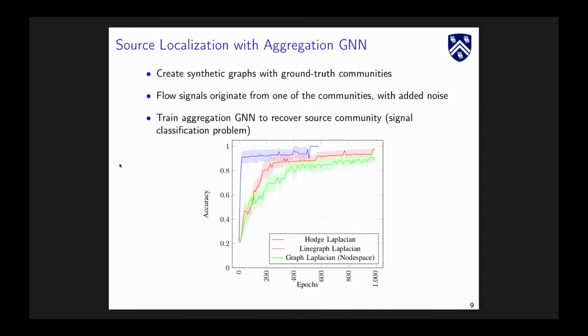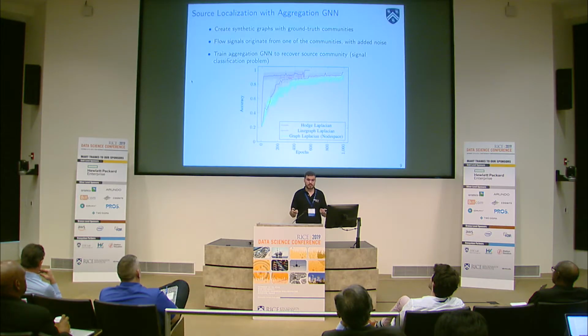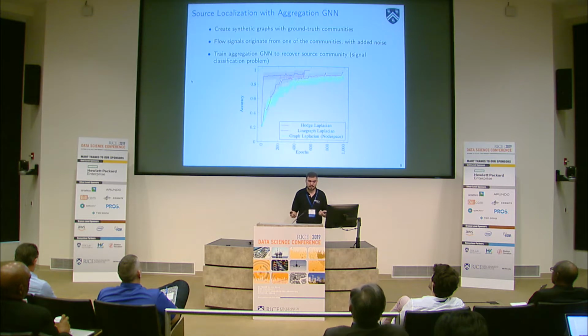And so in our experiment, we create synthetic graphs with ground truth communities, and then create flow signals that originate at one of these communities and then add noise to make things more realistic. And then we train an aggregation graph neural network to recover which community the flow originated from. So this is a classification problem.